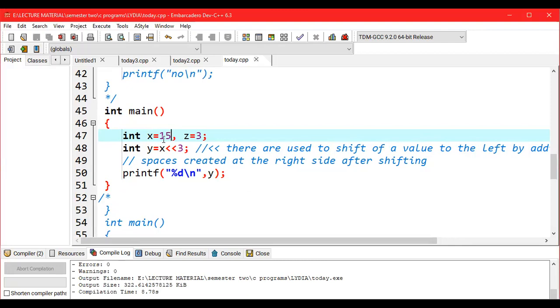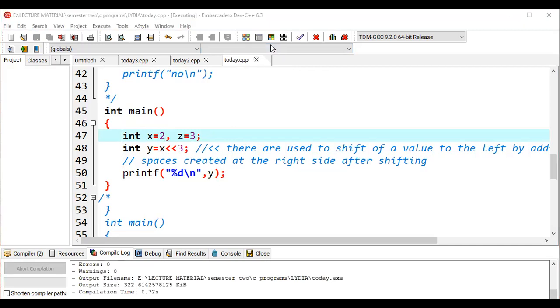Because 5 times 8 gives 40, and 1 times 8 is 8, so you get 120. So they are just multiplying these values by 8. Now when you come to 2, the answer is supposed to be 16. Aren't you seeing? So I'm a good mathematician.